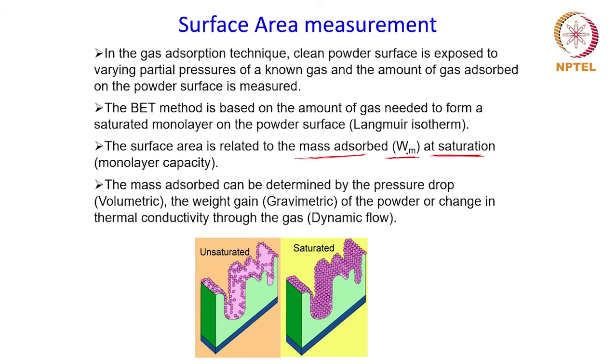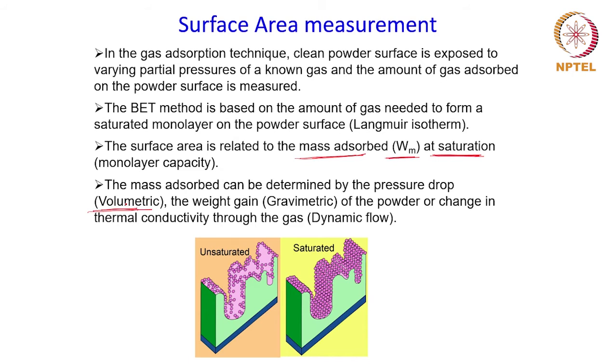And in order to determine this, there are various methods which can be used in this gas adsorption technique, and these are as follows. The mass adsorbed can be determined by the pressure drop, which is measuring the volume of gas before and after the adsorption has happened, and hence known as a volumetric method.